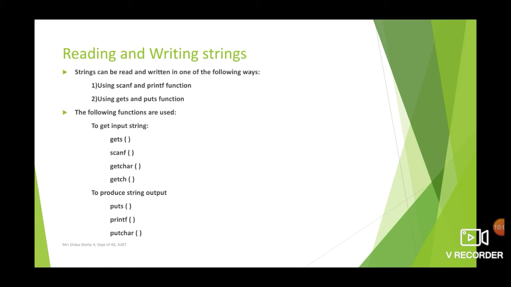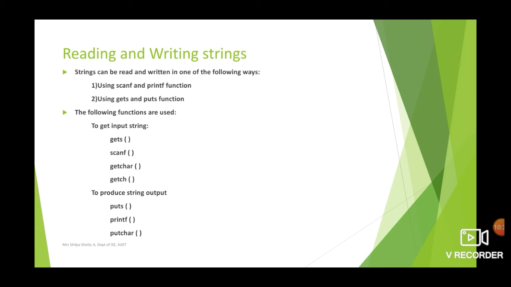Now let us discuss the concepts related to runtime initialization. We already know that runtime initialization is nothing but giving the value to the string when you run the program. There are two ways to give values to the string or read values from the string. The first is using the scanf and printf functions, and the second category of functions belongs to gets and puts.